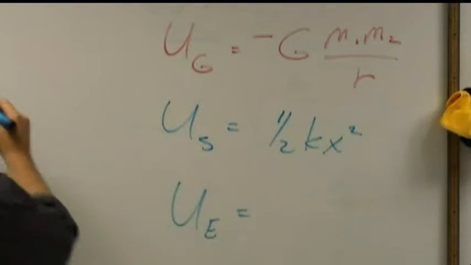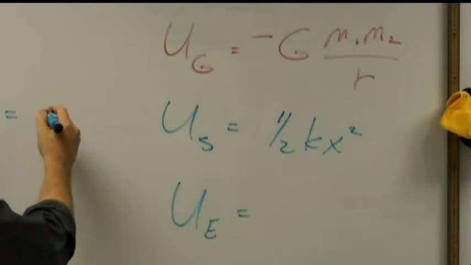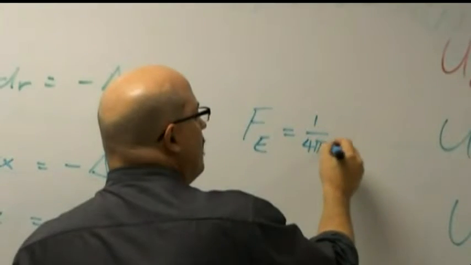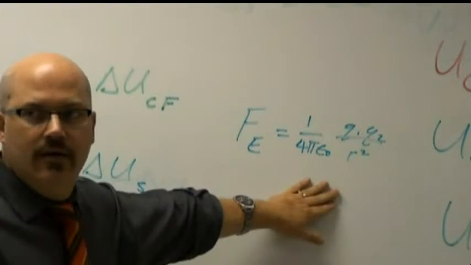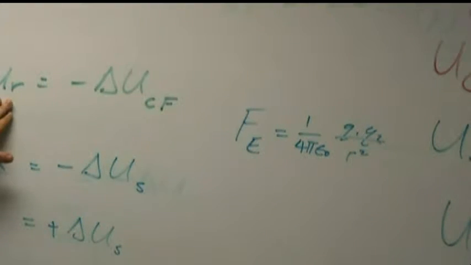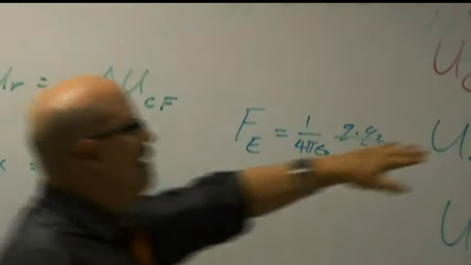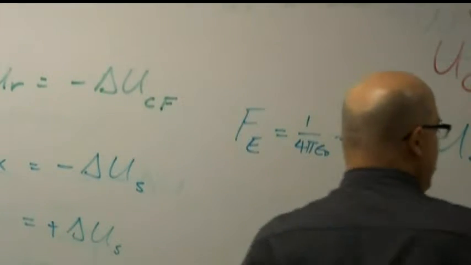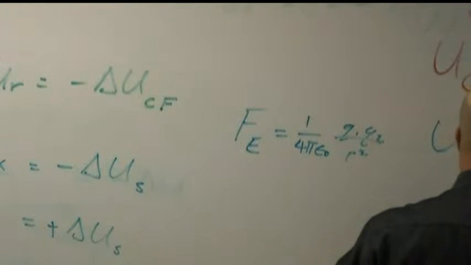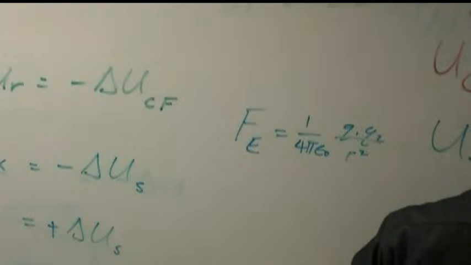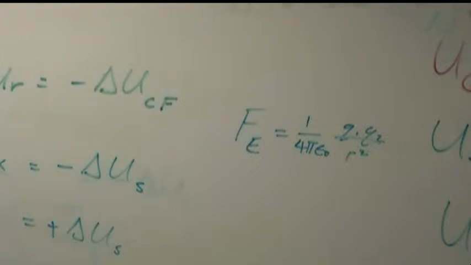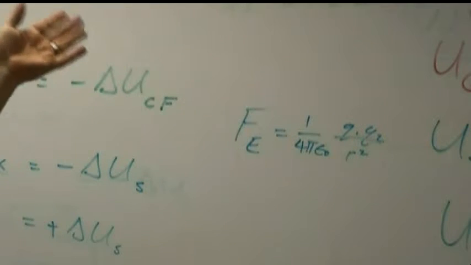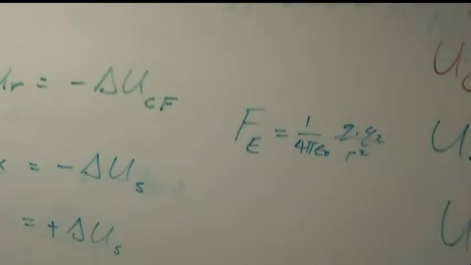Since electric force is equal to 1 over 4 pi epsilon naught Q1 Q2 over r squared, when you plug that in here and take the integral, you're going to end up with 1 over 4 pi epsilon naught Q1 Q2 over r. Does that make sense? I'm not going to repeat that one because it's the same exact integration. All right, so there we go.